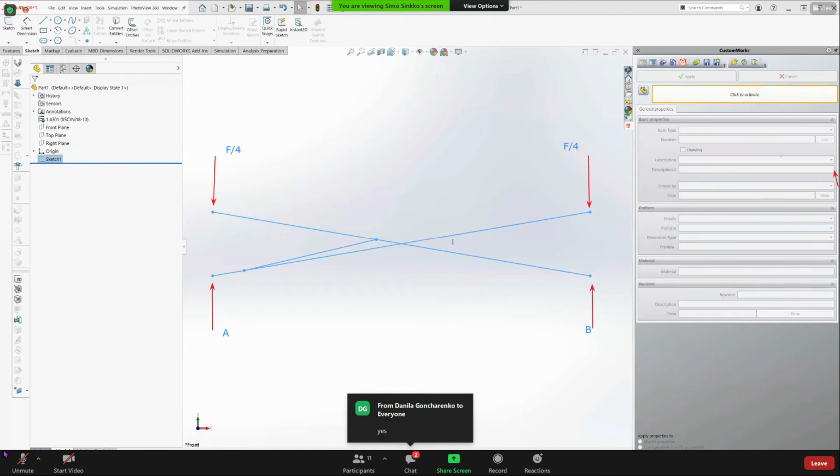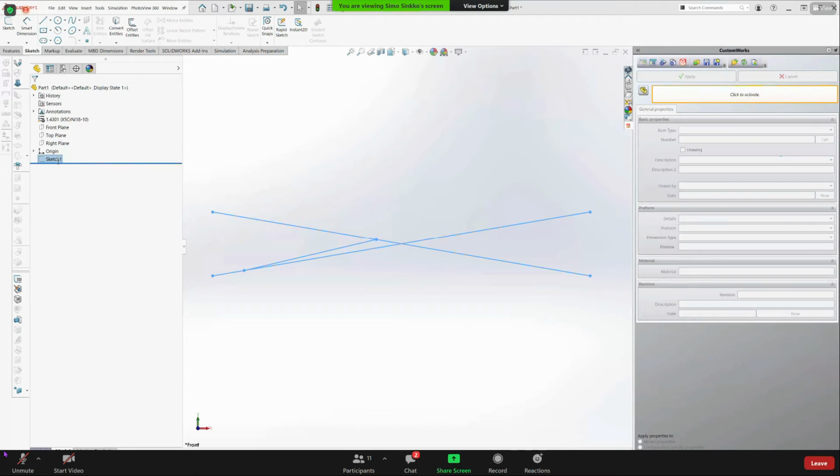And then if we only consider this one scissor, let's clear the things here. Am I able to hide some of the lines? Or is it just hiding the whole sketch?